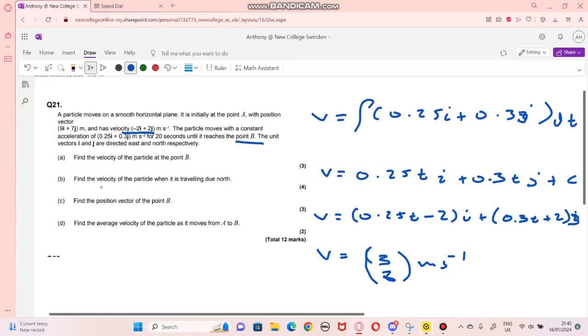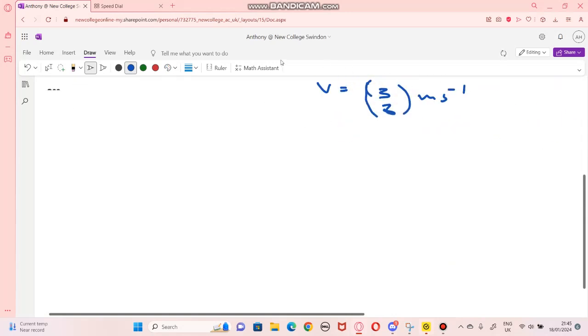It says find the velocity of the particle when it's traveling due north. So what does this mean? You've got your compass, with north, west, east, and south. Due north means that it's only going in the north direction. If it's only going in the north direction, that means there's no x direction.